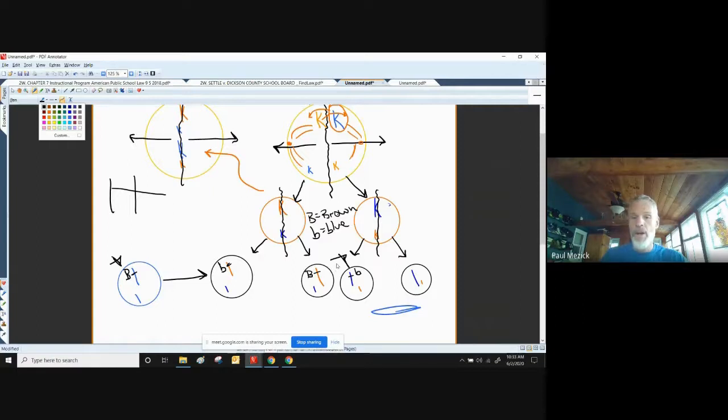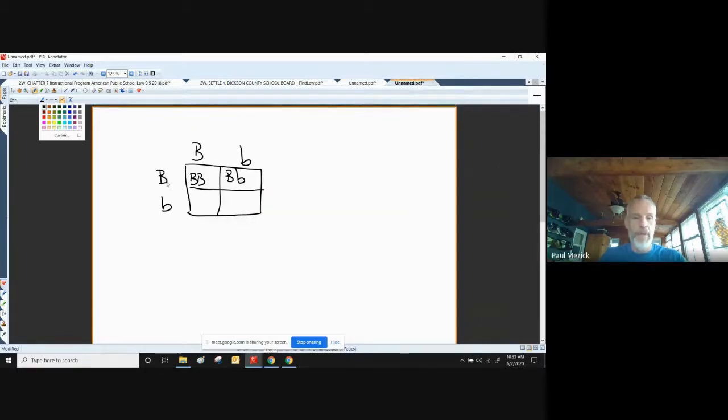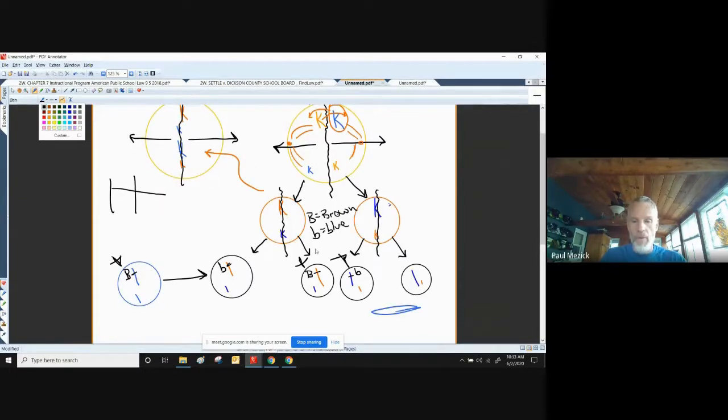You see what I mean? That's what's happening in this box. And then what are the chances that dad donates one of these others? Because there's four. Remember, there's 1, 2, 3, 4. It's not just two. Each one splits.